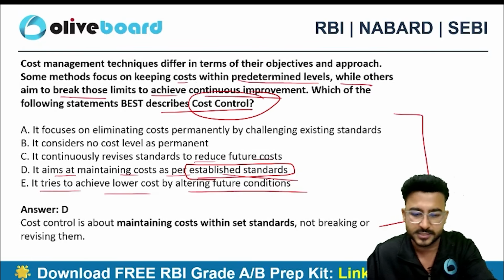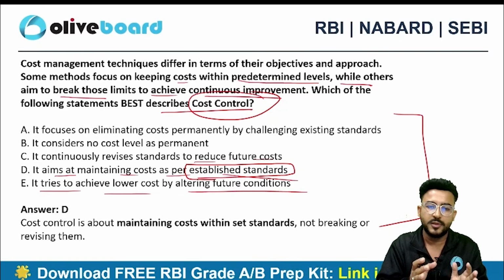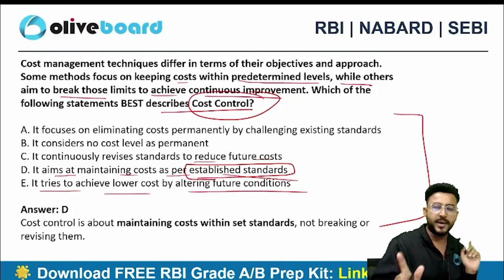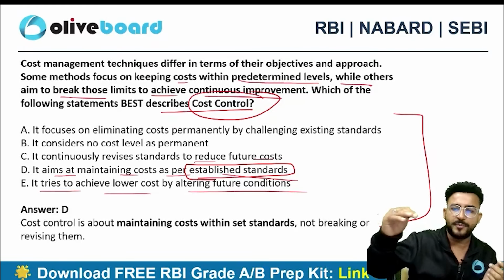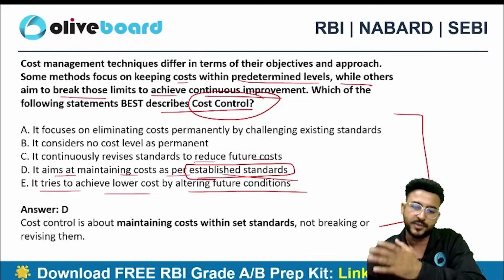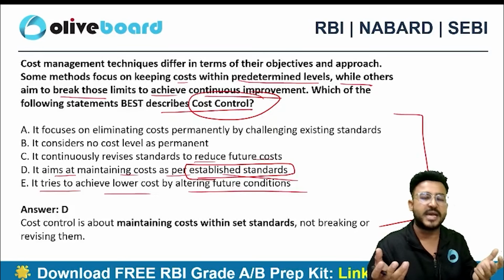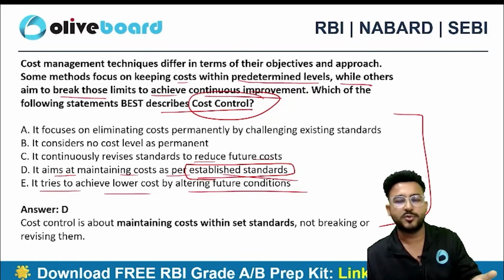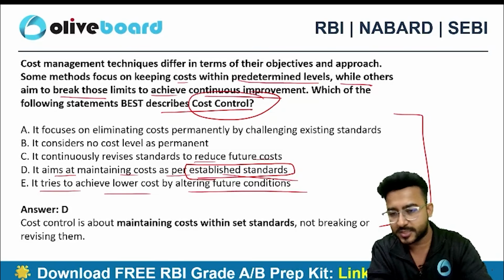If I give you 1 lakh rupees today, and I tell you that you need to manage your expenses within 1 lakh itself for 1 month, your established standard here is 1 lakh rupees, so you aim for maintaining the cost as per 1 lakh rupees, right? That's why D is the correct choice. You are controlling the cost so that you are not exceeding the established standard.